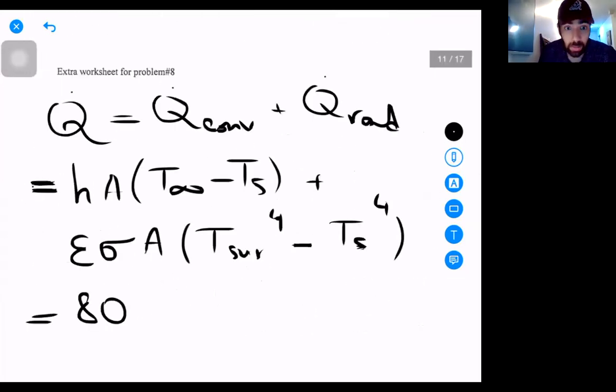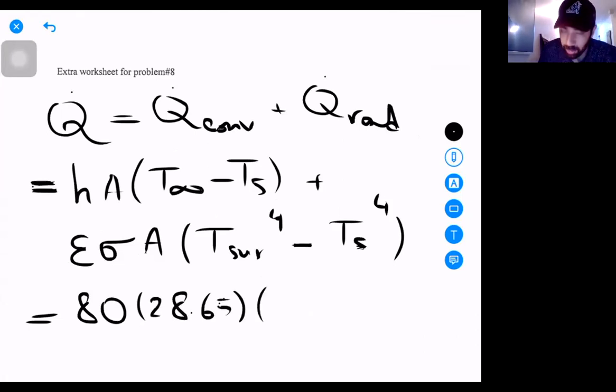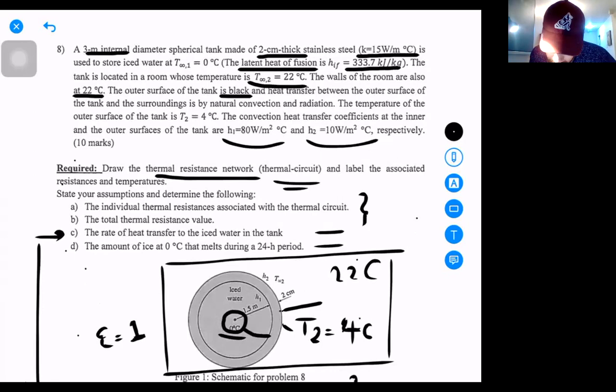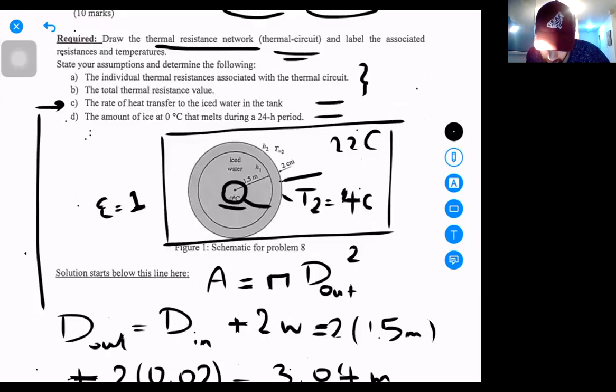And the area was equal to 28.65 times the surface of the tank that was at 22 degrees, I think.